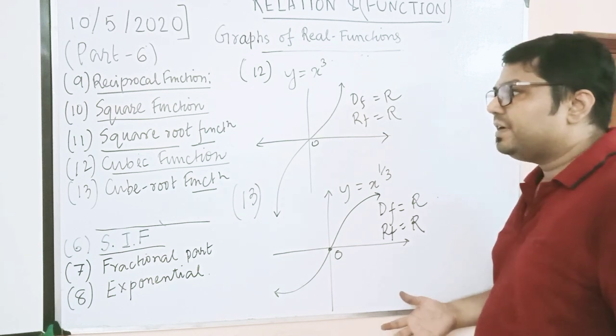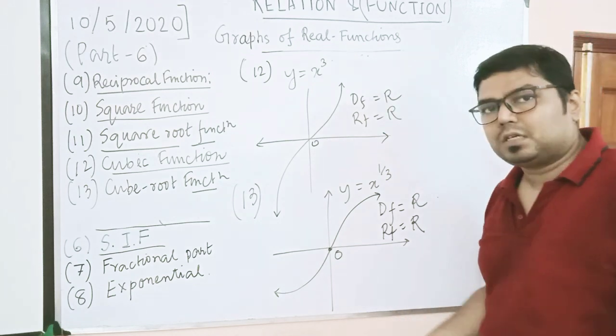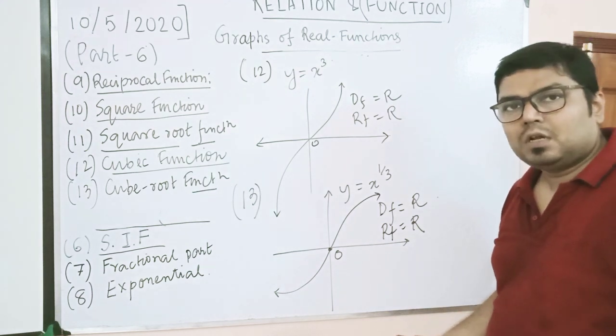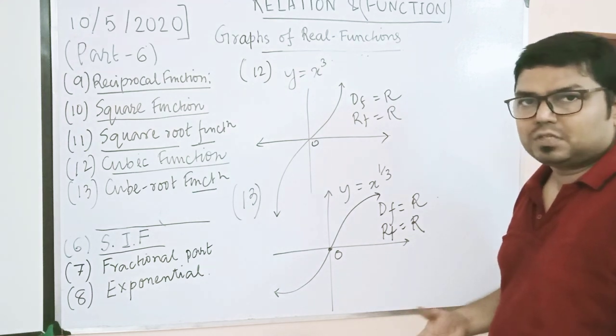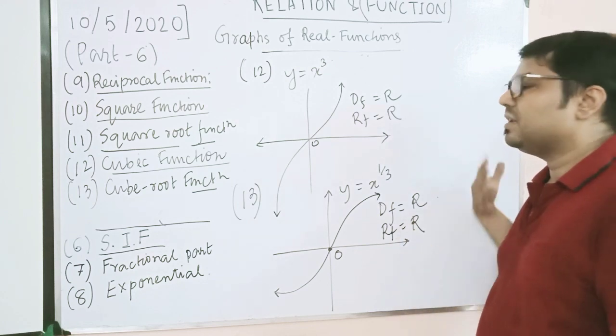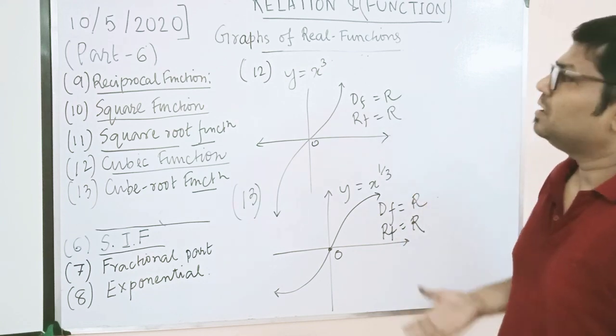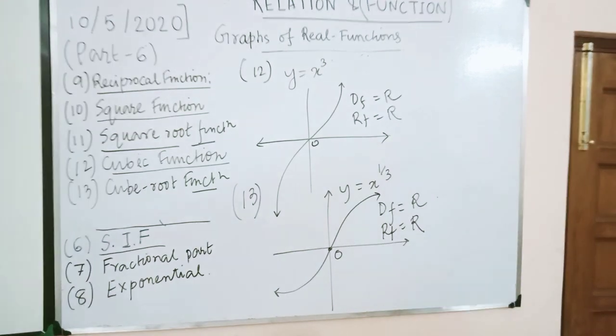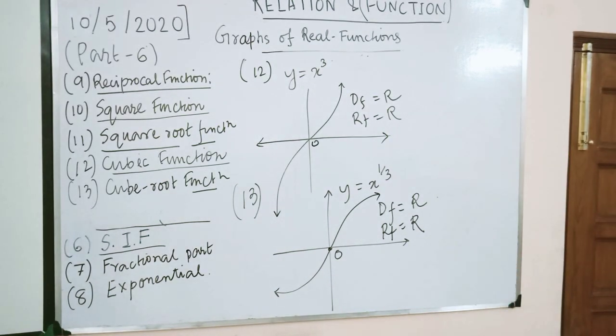Next time we will try the algebraic methods to sort out the domain and range of real functions. So this was the graphical method by which we analyze the graph and see its domain and range. So thank you. Next time we are going to solve the domain and range sums from the real functions.